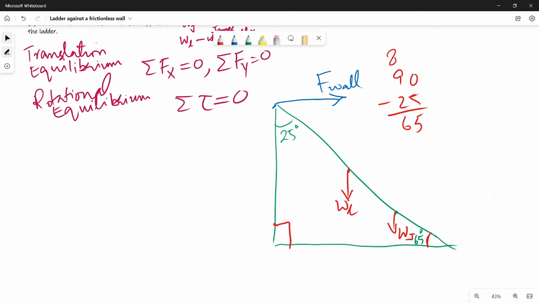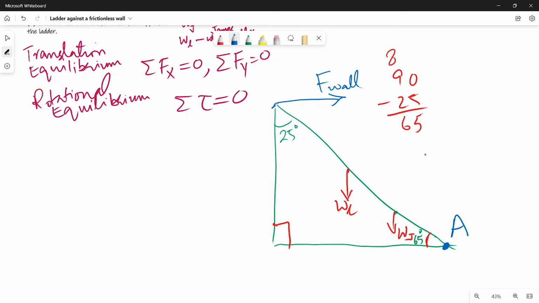Let's put our rotational point at the tip of the ladder, at the bottom. We put a pivot here on which this ladder may rotate.